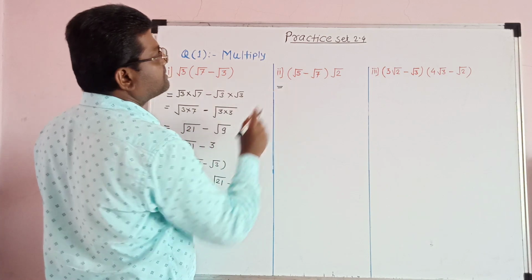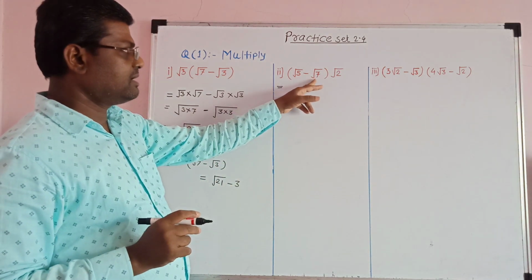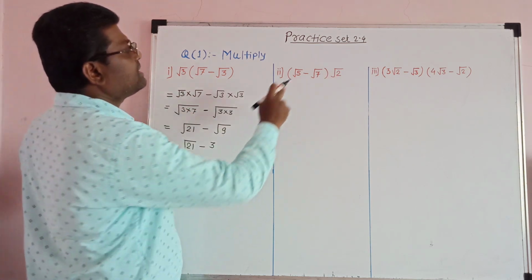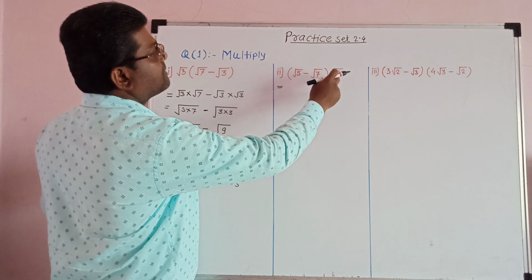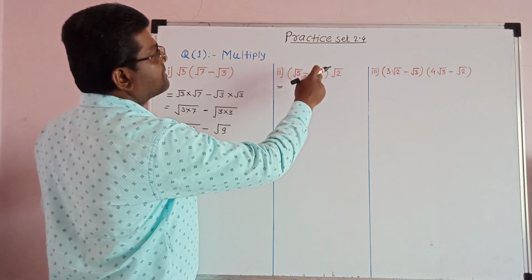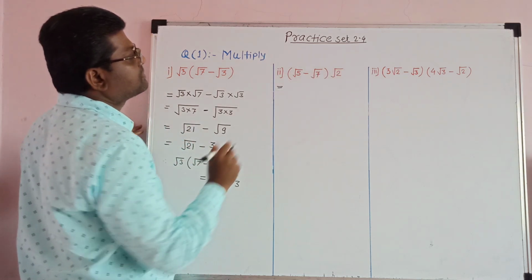Example number 2 is (√5 − √7) × √2. So multiply √5 by √2, then minus sign, multiply √7 by √2.